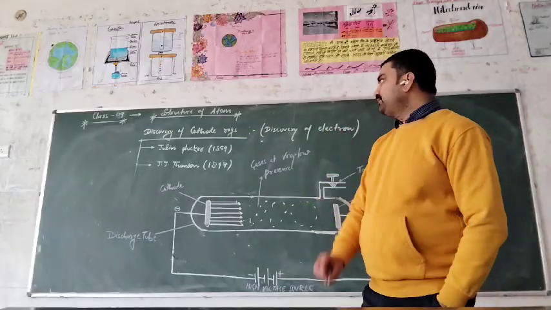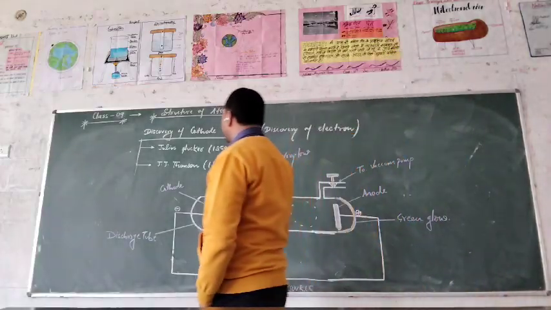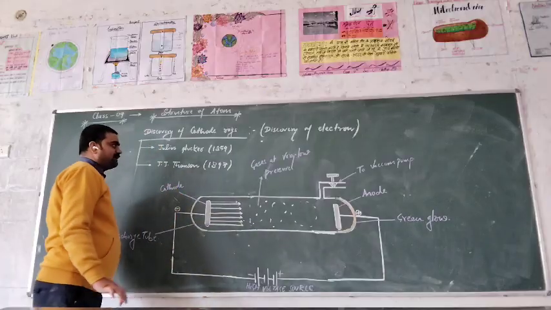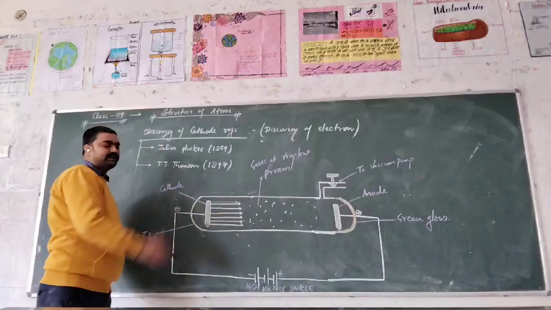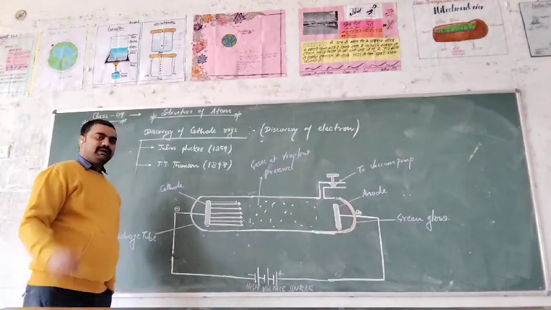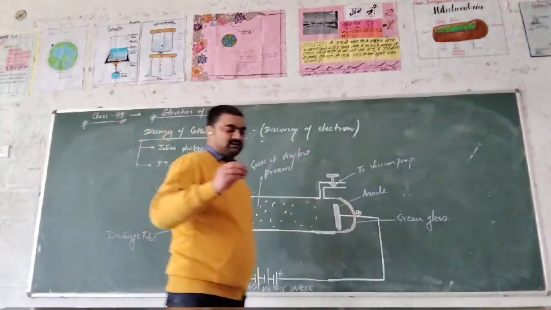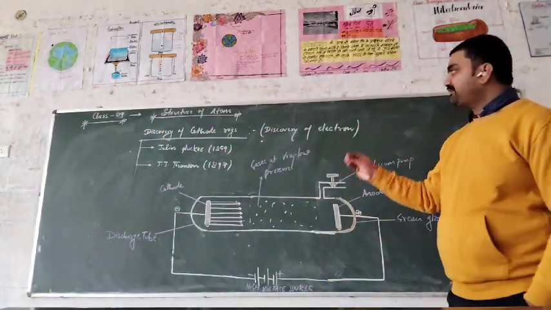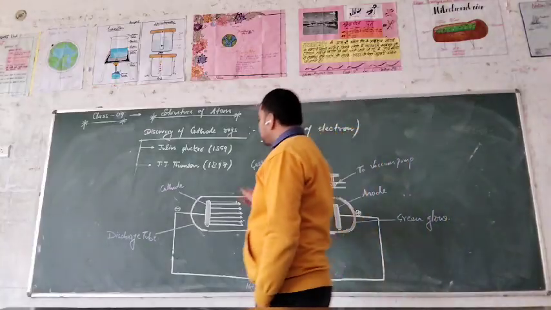So the first credit for the discovery of cathode rays goes to Julius Plucker, made by him in 1859.